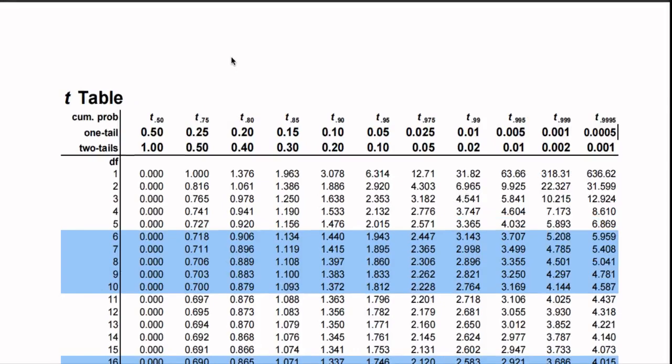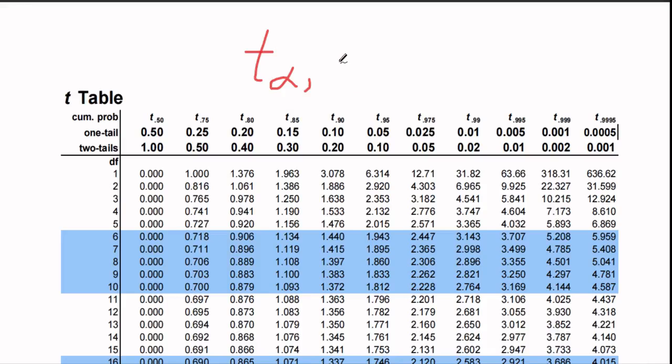Number one is the fact that there is a level of significance. So you have t alpha, the level of significance called alpha, and what we call the degree of freedom.